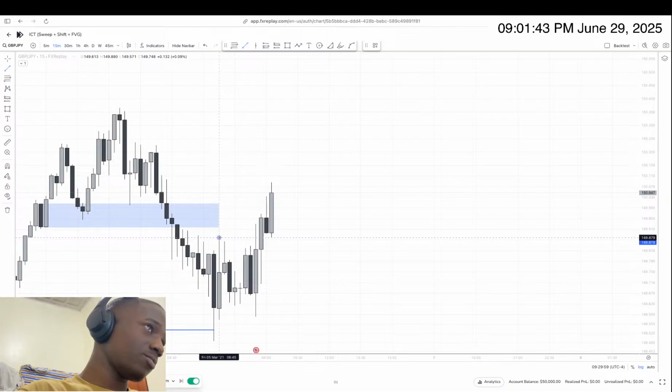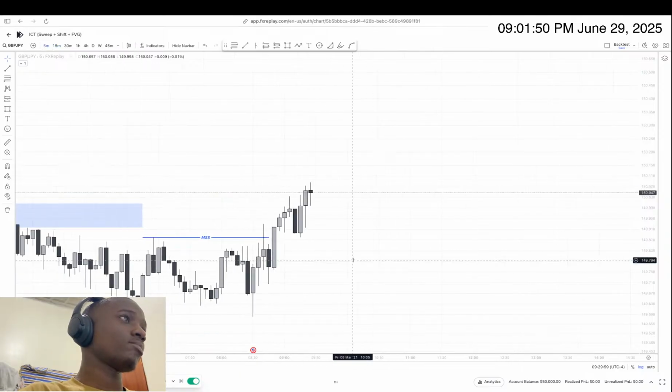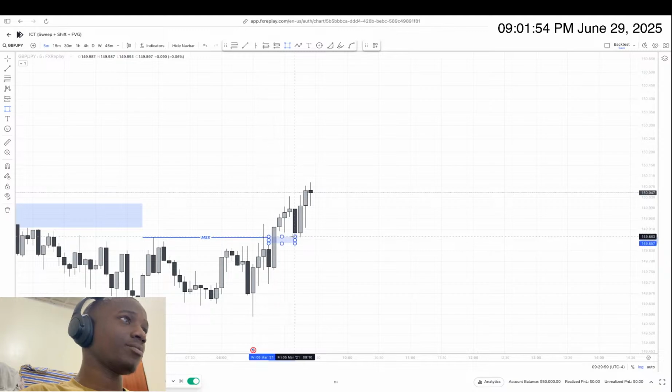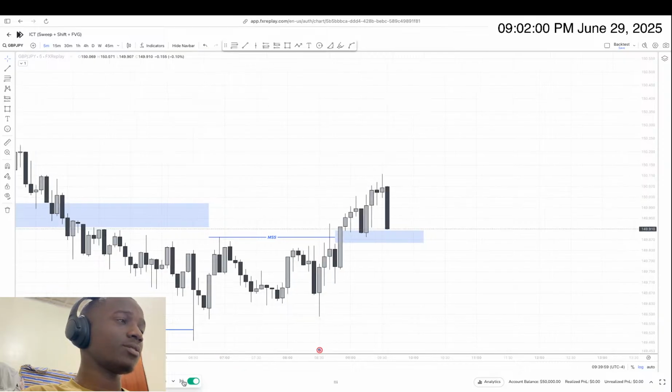Got a nice shift in structure. And then on the market shift, you can see you have this fair value gap that we retraced to. And then we start pushing. So let's see if we get a small retracement.